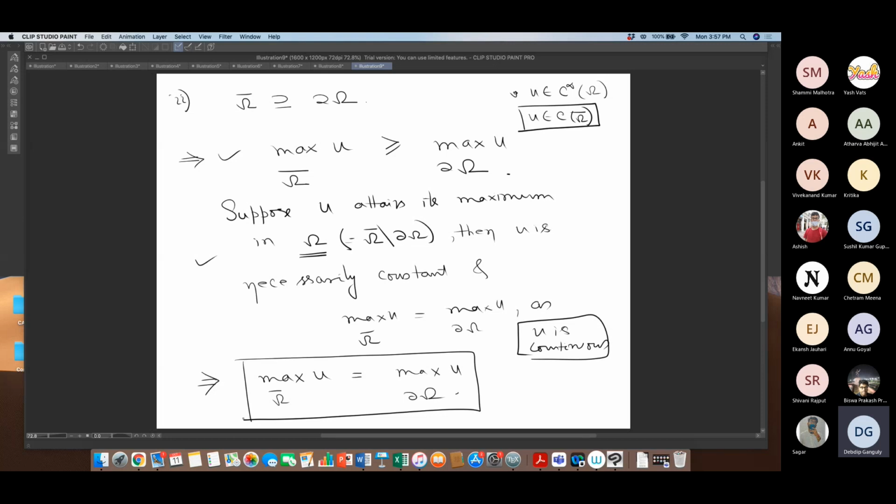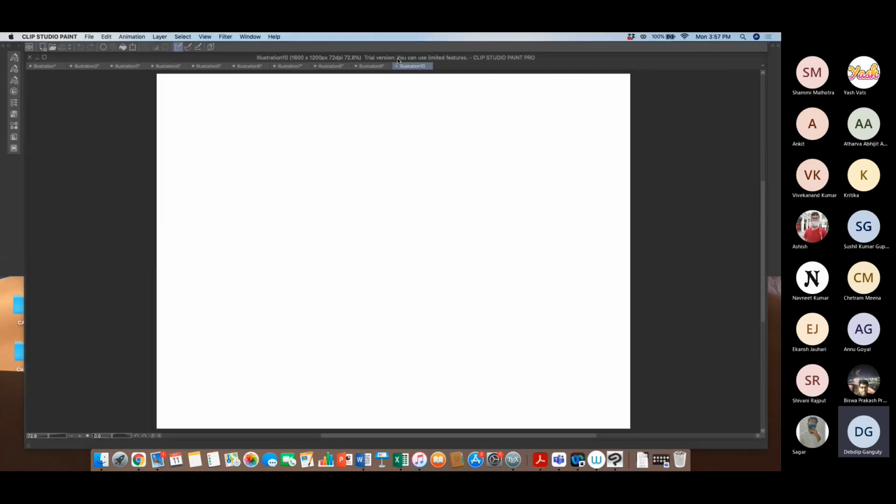Of course, the same will hold for the minimum also. Just a remark: if it attains its minimum, the same statement holds for the minimum as well.